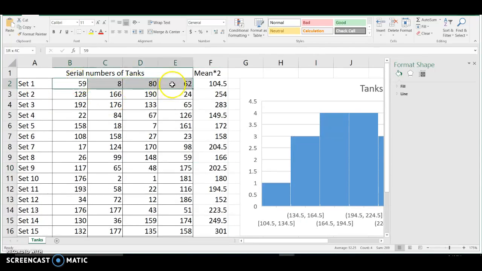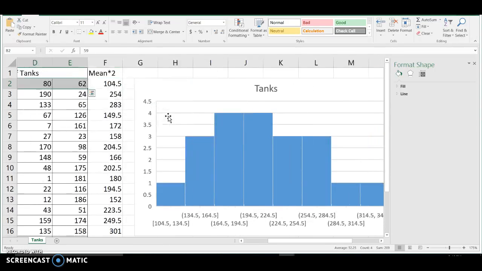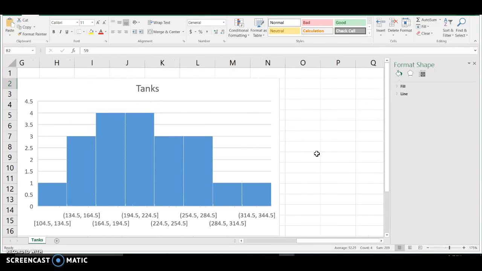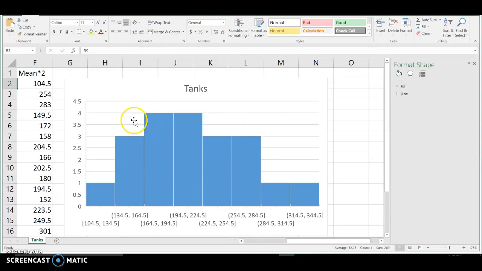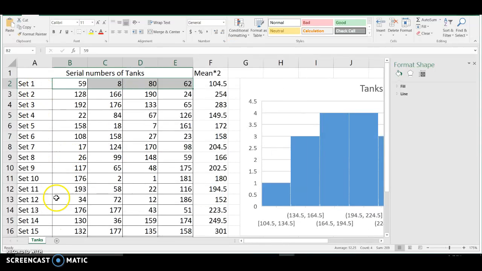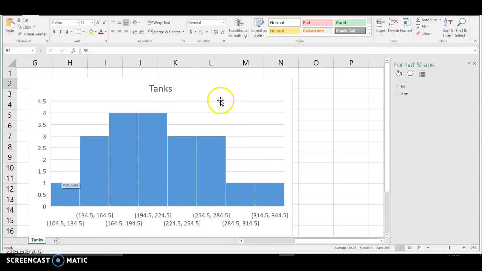If you take all the possible statistical combinations and make a graph of them, then you actually have a sampling distribution. This is almost one, but I only have 20 sets. We don't have all the possible combinations, and all the possible combinations would be a lot.